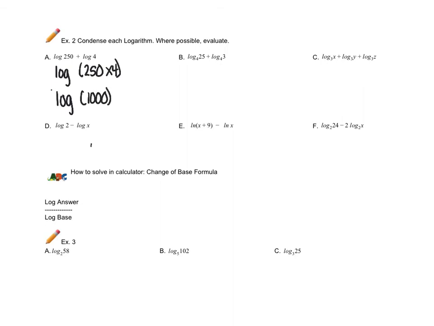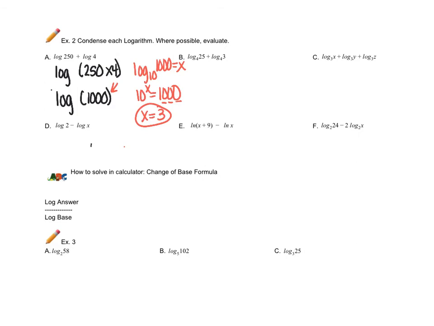And remember, when we have a log with no base, our base is 10. So we're going to try to see if we can solve this. 10 to what power gives us 1,000? Well, we know 10 to any power ends in all zeros. Since there are 3 of them, x is going to be 3. So my final answer is that. This would be minus 1/2.